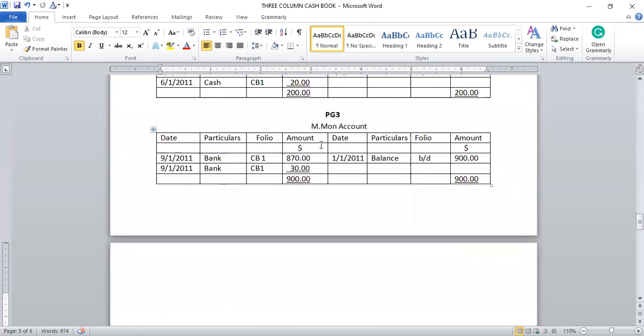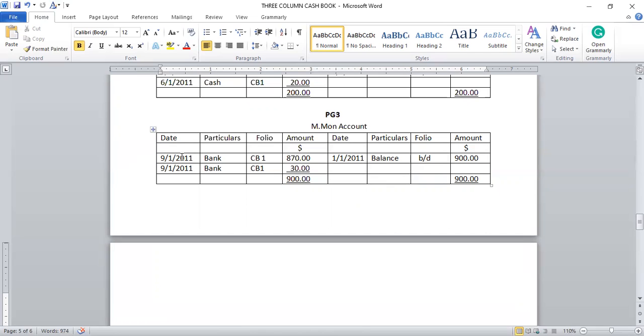So Mr. Won account, assume purchase ledger page 3. The debt that was owing, so he was a creditor, so you have to look at the creditor side. So the first, 1/2011, particulars balance, folio balance brought down, showing the debt of $900.